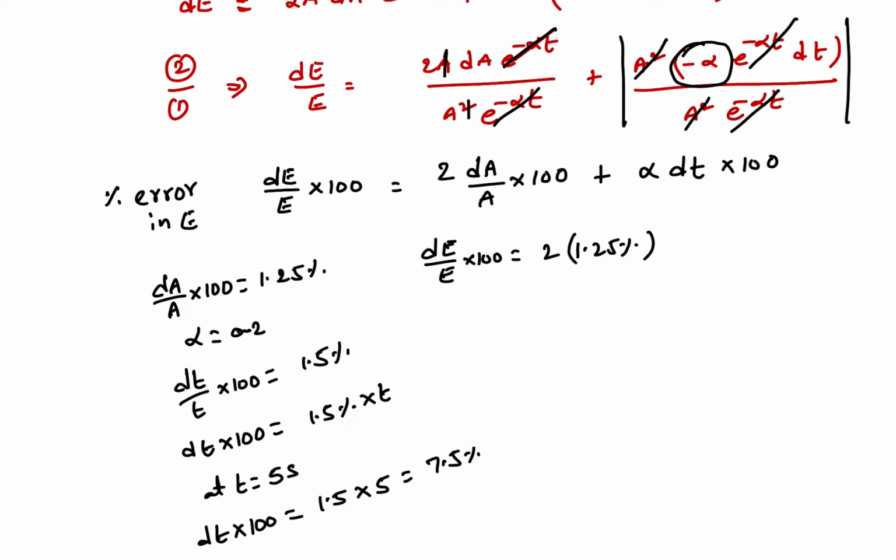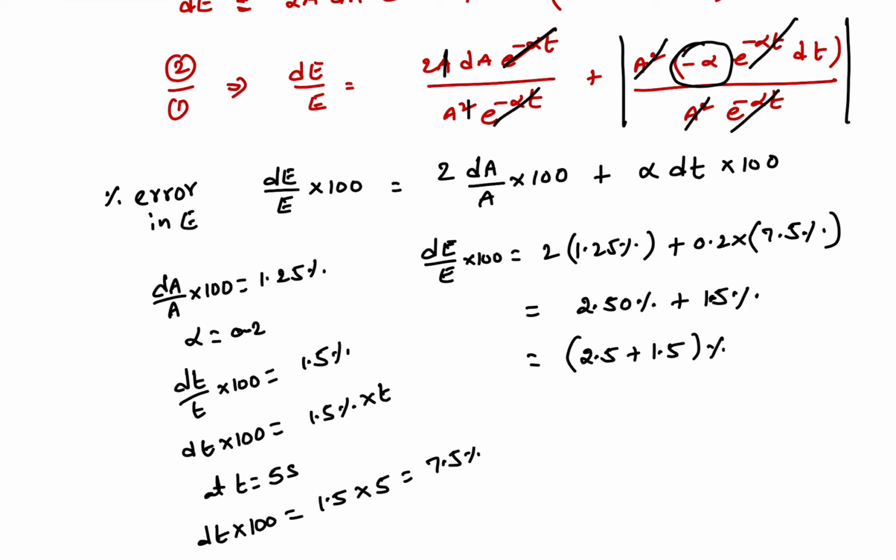Now substitute there. dE/E into 100 is equal to 2 into dA/A, which is 1.25 percentage, plus the α value 0.2 into dt into 100, which is 7.5 percentage. 2 into 1.25 is 2.50 percentage, plus 0.2 into 7.5 is 1.5 percentage.